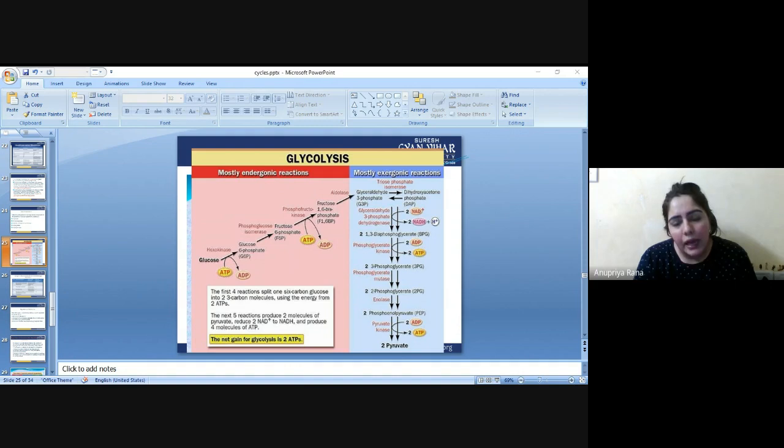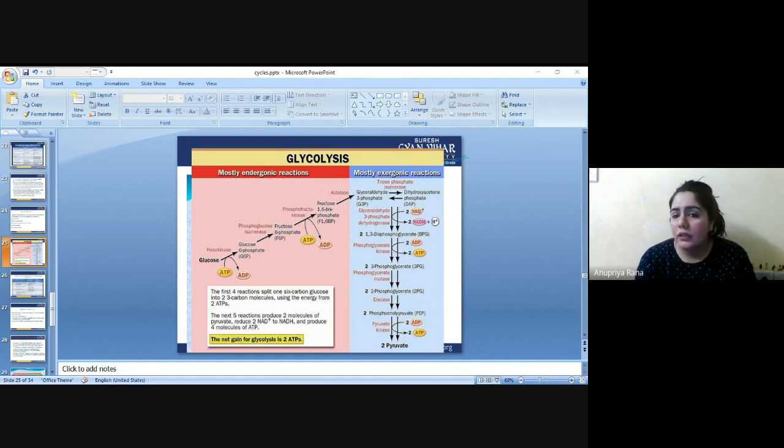After 1,3-bisphosphoglycerate has been formed, another enzyme, phosphoglycerate kinase, helps convert this BPG into 3PG, or 3-phosphoglycerate. Here, a phosphate is removed, and ADP is converted into ATP, because bisphosphate means there are two phosphate molecules inside.